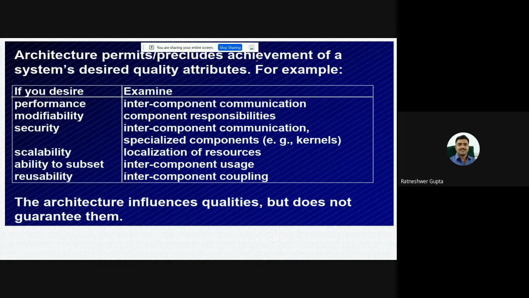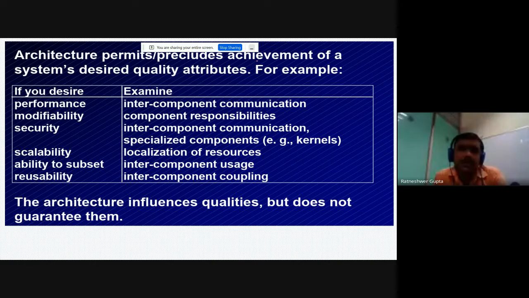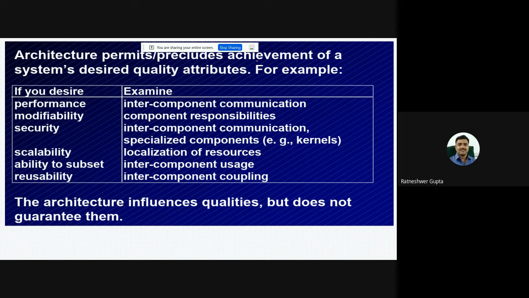Now, in architecture we have to deal with different types of non-functional properties. Suppose we have to study the performance of a system, then we have to look at the inter-component communication.